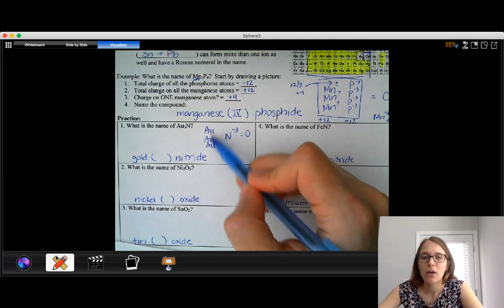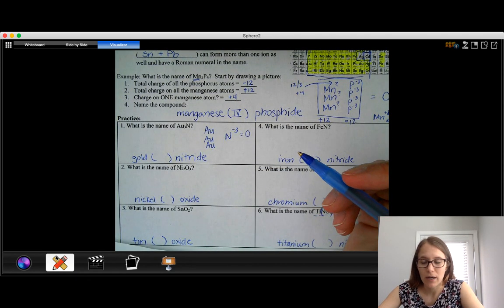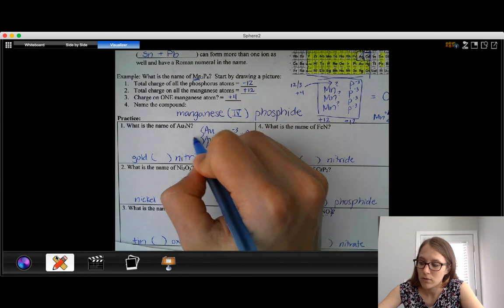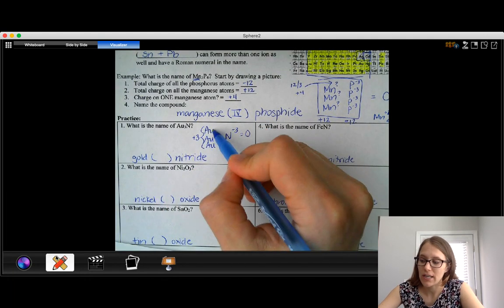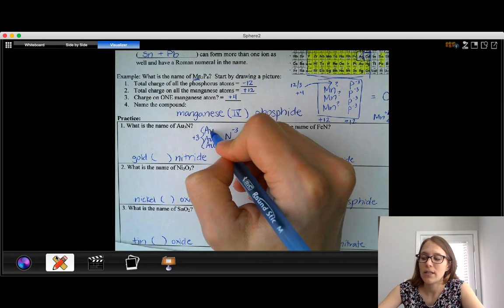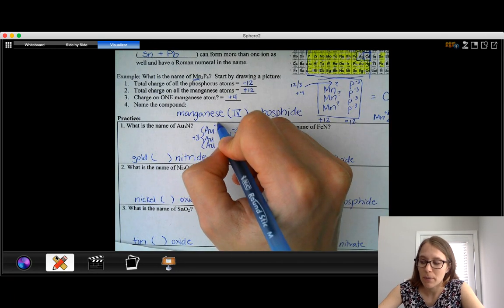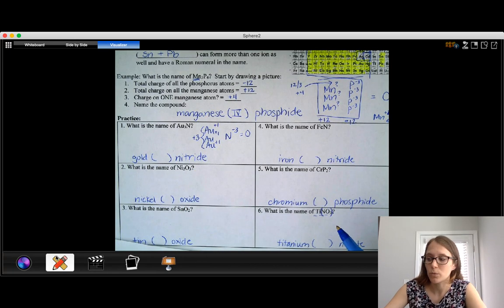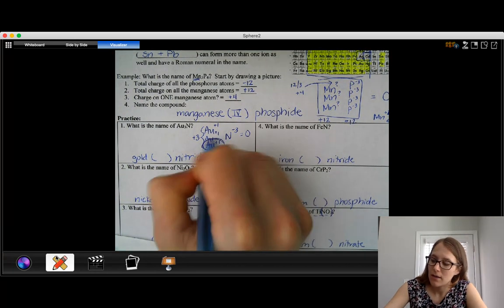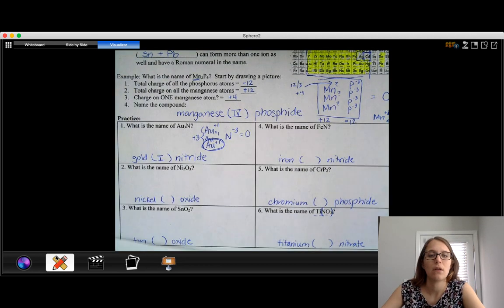So I need my 3 golds to end up being +3 total, so that +3 and -3 is 0. Well, what's the charge on each gold then? +3 divided into 3 different pieces would be +1 for each of them. So if this is gold with a charge of +1, this is gold(I) nitride.